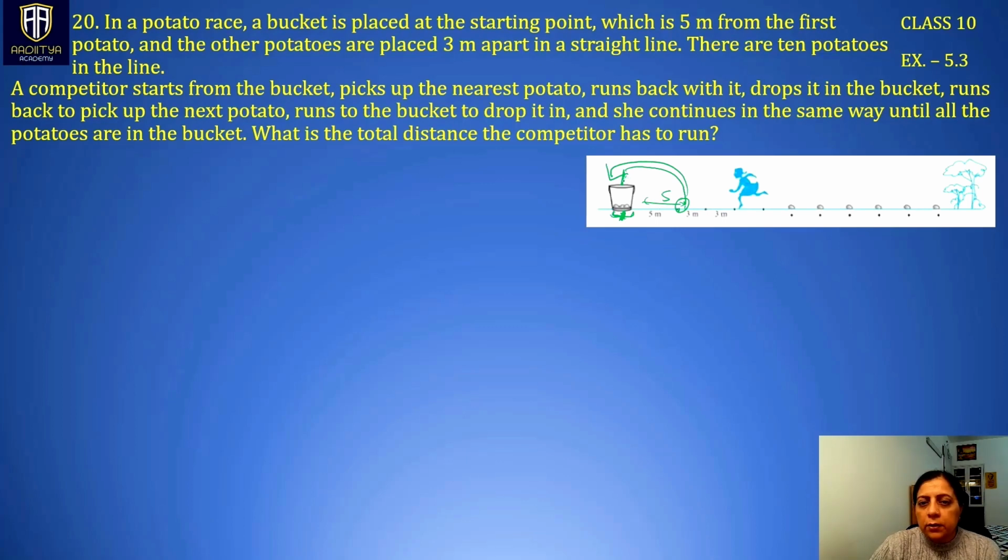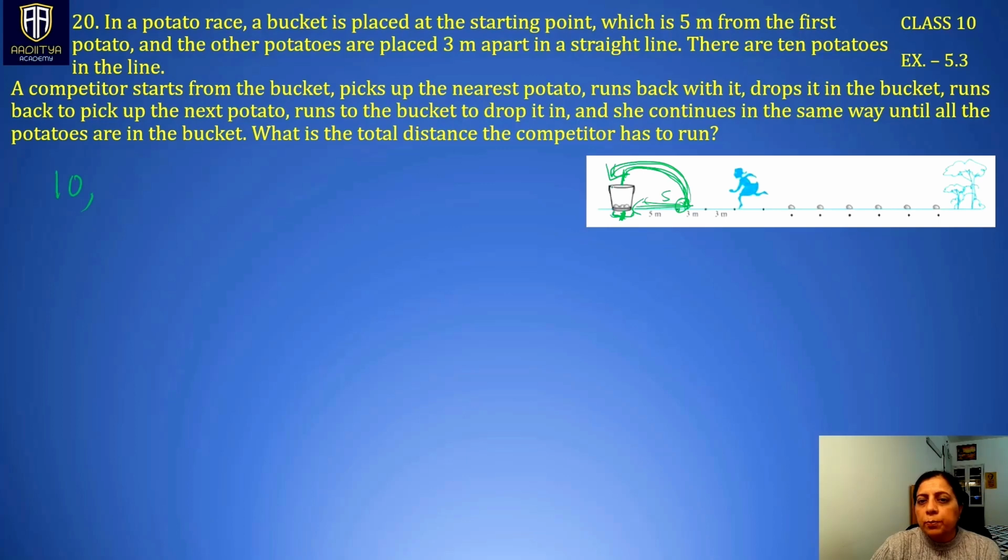From this bucket, she goes 5 meters. The first potato is at a distance of 5 meters. So she goes 5 meters to pick that potato, comes back 5 meters to put that potato in the bucket. So total distance traveled is 10, right? Now she has placed the first potato in the bucket.